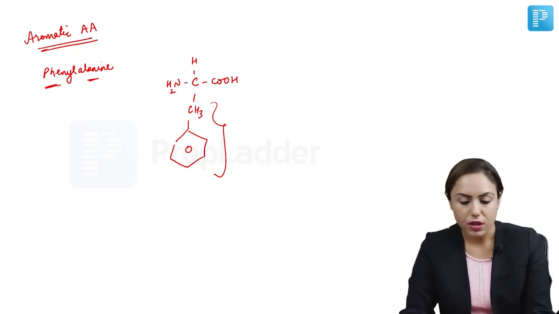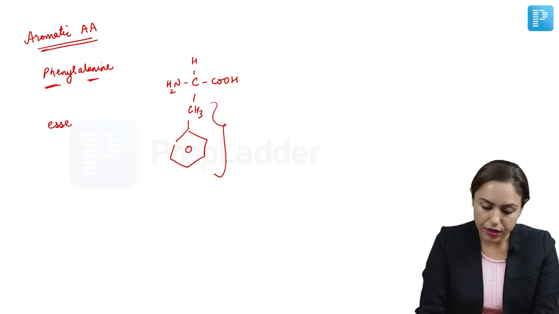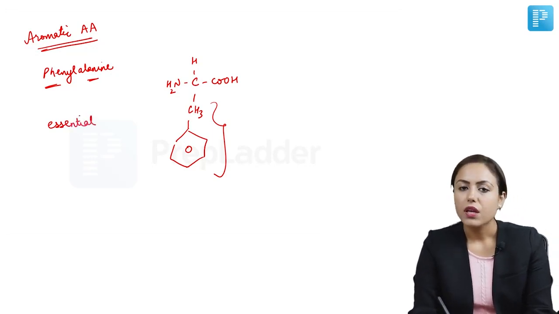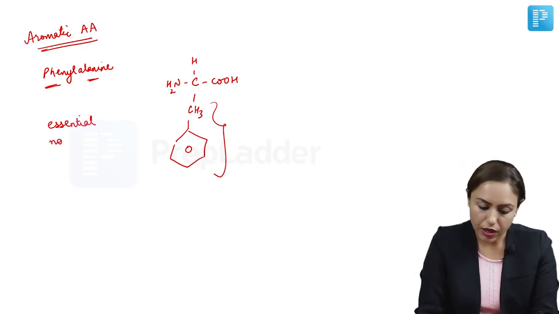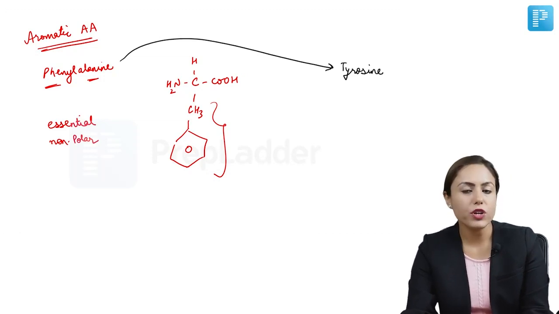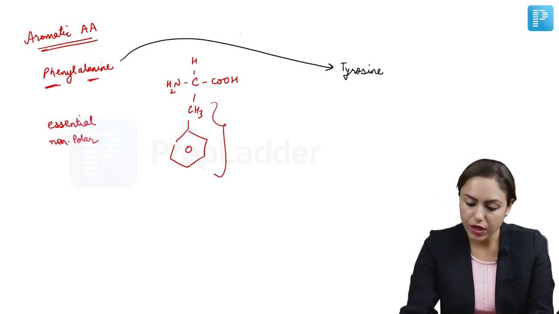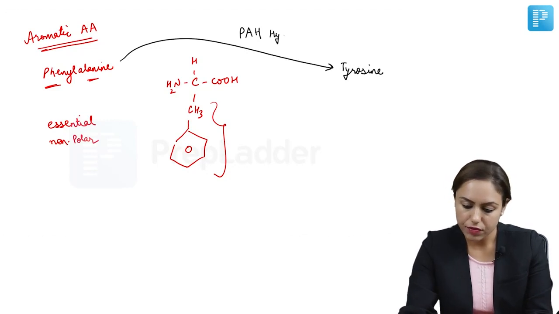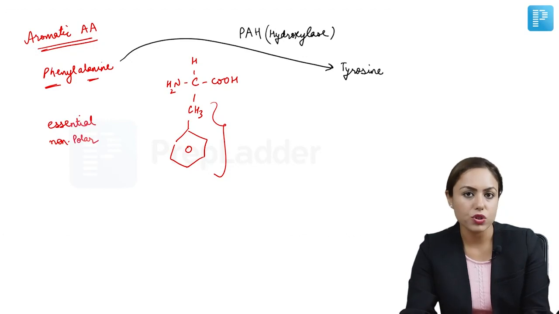The body cannot make it. So phenylalanine is essential, right? And rings, benzene ring or phenyl ring, are always considered non-polar. So phenylalanine is non-polar, right? And in the body, phenylalanine gets converted to tyrosine with the help of the enzyme phenylalanine hydroxylase, PAH.